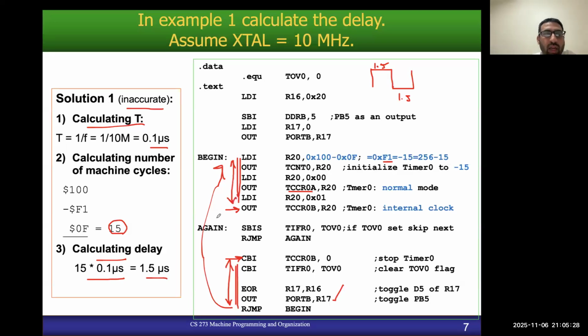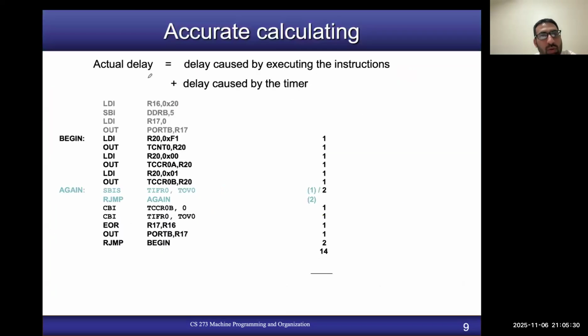So if you want to be super correct, you also need to take into consideration the time taken for the execution of the other instructions. Remember this is your loop, right? We know that each of these instructions takes one cycle for execution.